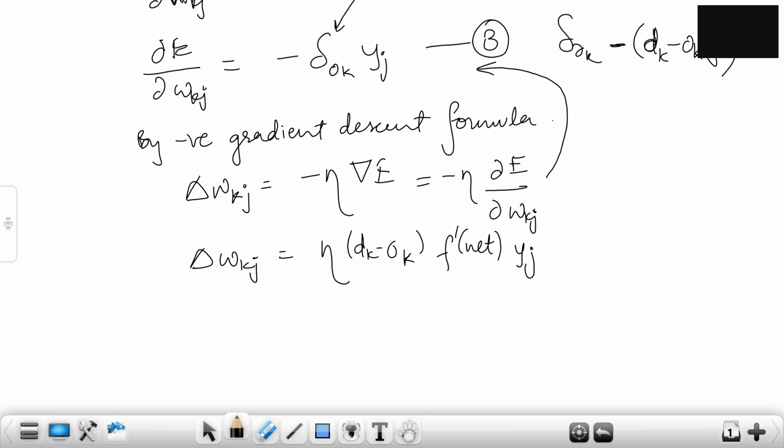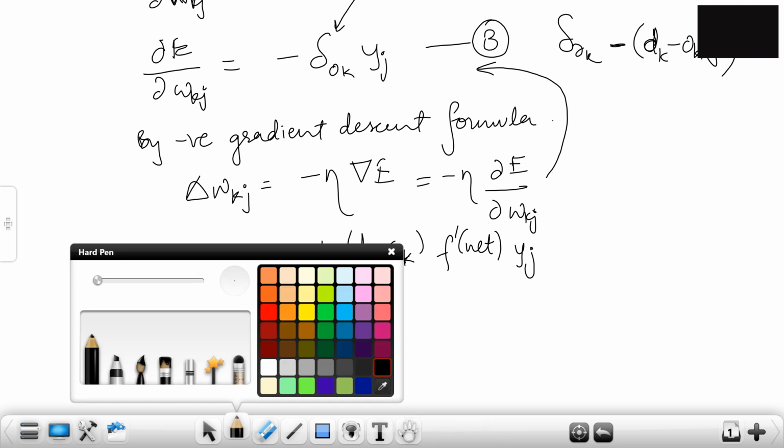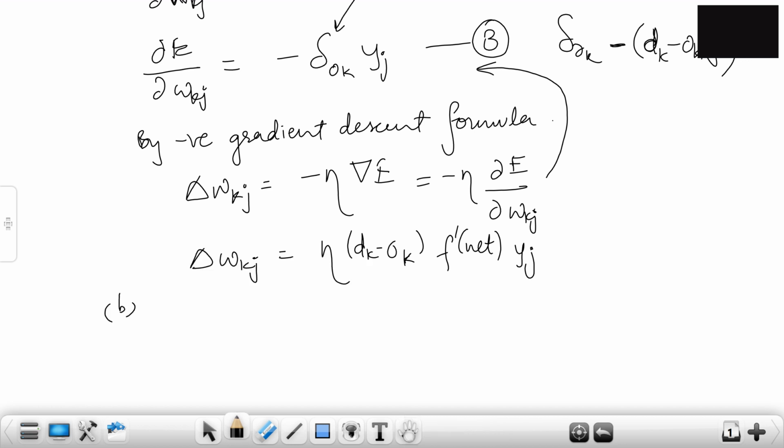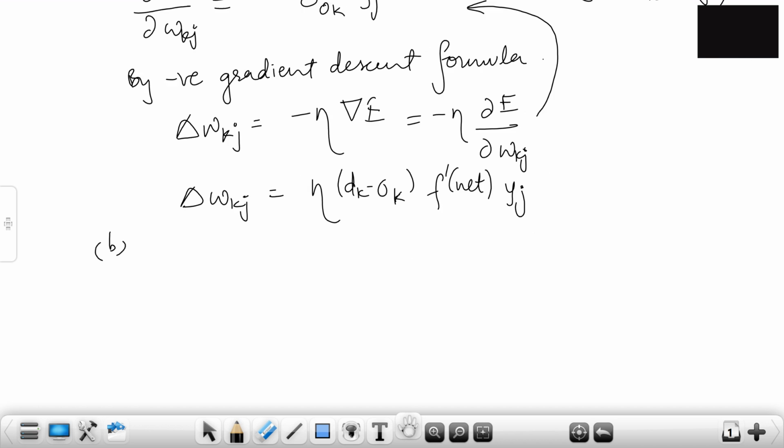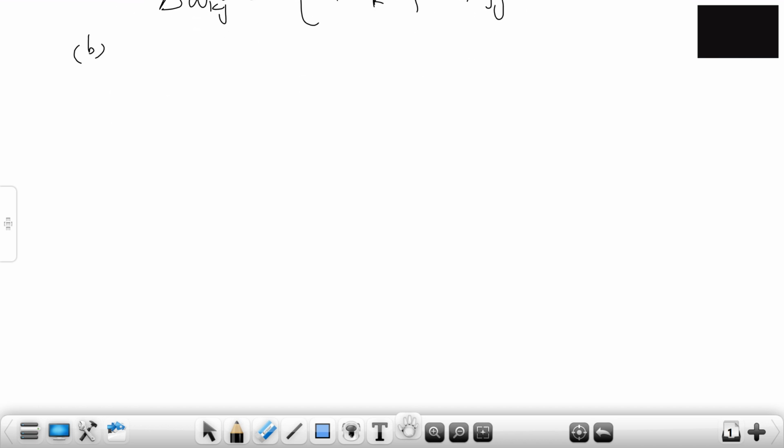Now this was the A part. Now we'll go to the B part. In the B part also we will find the weight update in a similar way. So in delta v_ji, again we use the generalized delta learning rule.